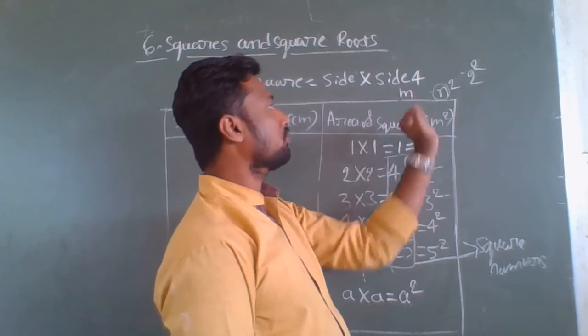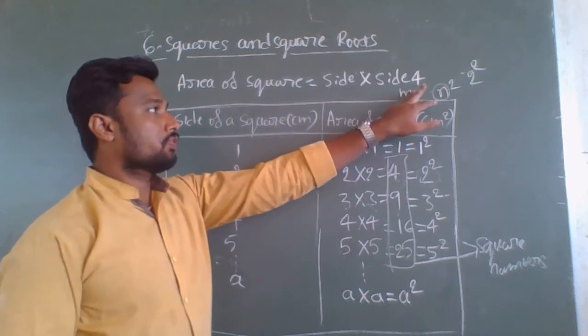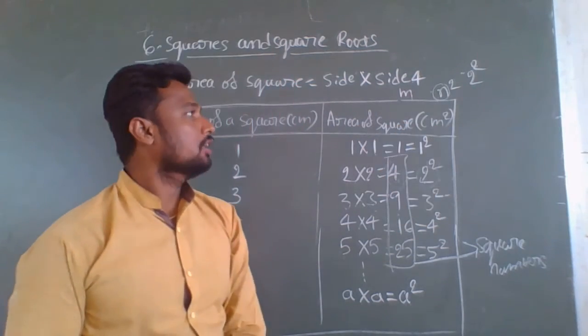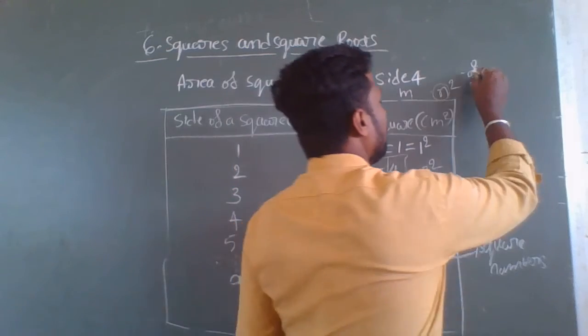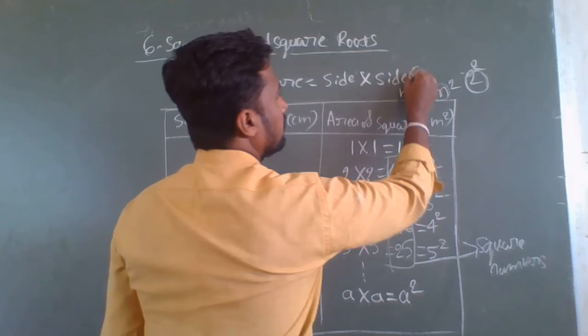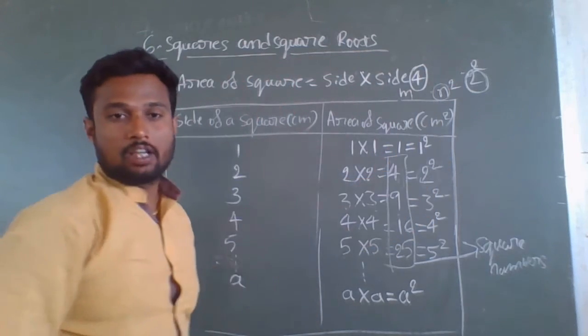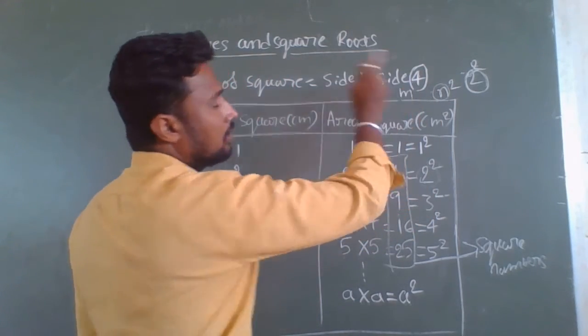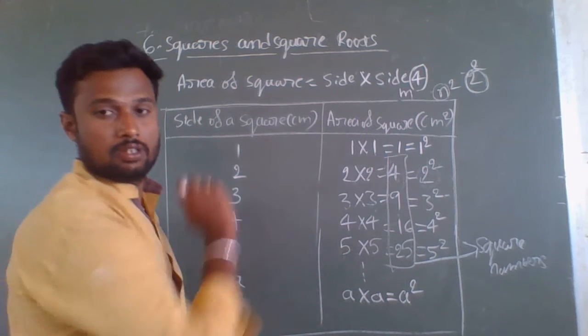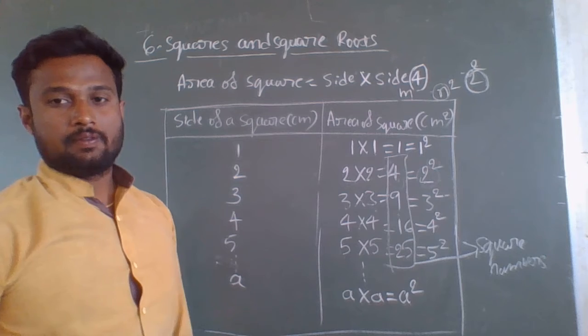Therefore 2 into 2 means 4. So where this 4 can be represented in the form of 2 square, where this 2 is also a natural number, then this 4 is a square number.